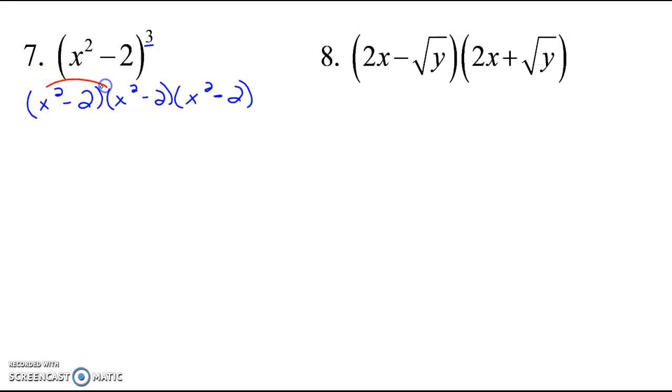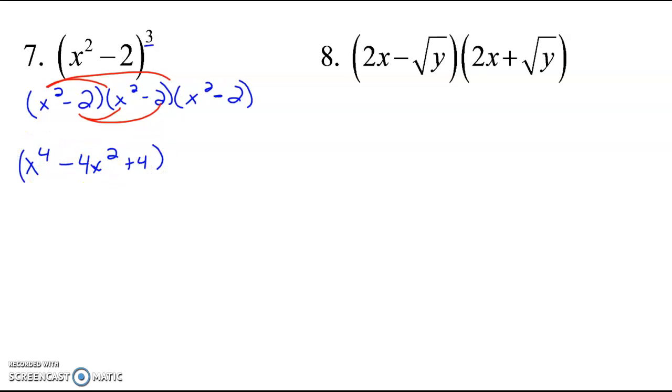So start foiling with 2 of them, and then we'll save that 3rd one for later. So if I go first, then I look at my outside and my inside, they end up being the same thing, minus 2x squared, which would be minus 4x squared. And then last, negative 2 times negative 2 is positive 4.